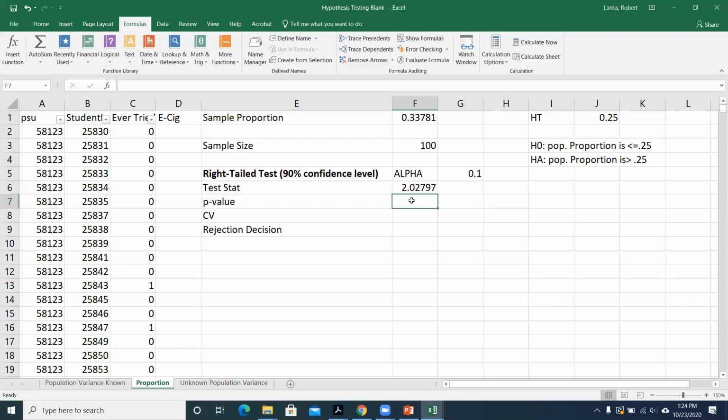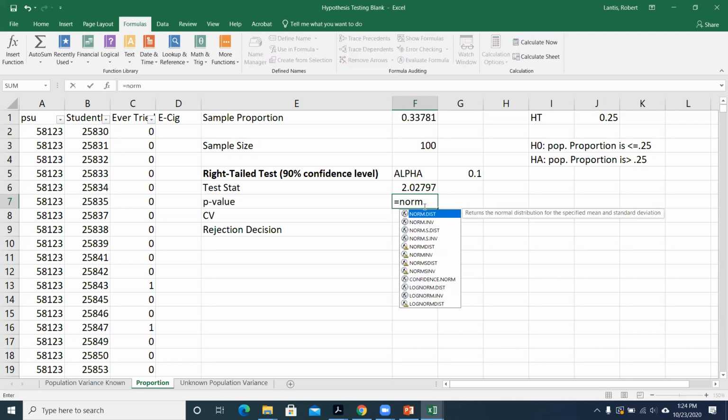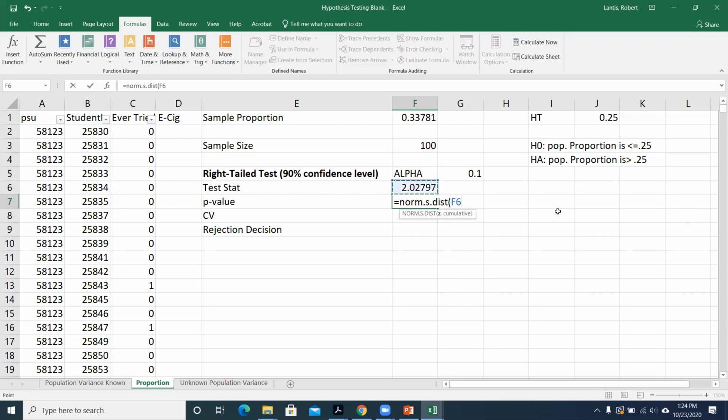So how do we do that in Excel? Well, we've kind of already done this before. If I have a z-value and I want to find the probability or the area to the right of it, well, I know that to find the area to the left, I can use this NORM.S.DIST, because remember, this test statistic, we were also calling it a z-statistic. It comes from that standard normal distribution. So here's the z-value that I want to find, and it will return to me, comma 1, the area to the left of it.